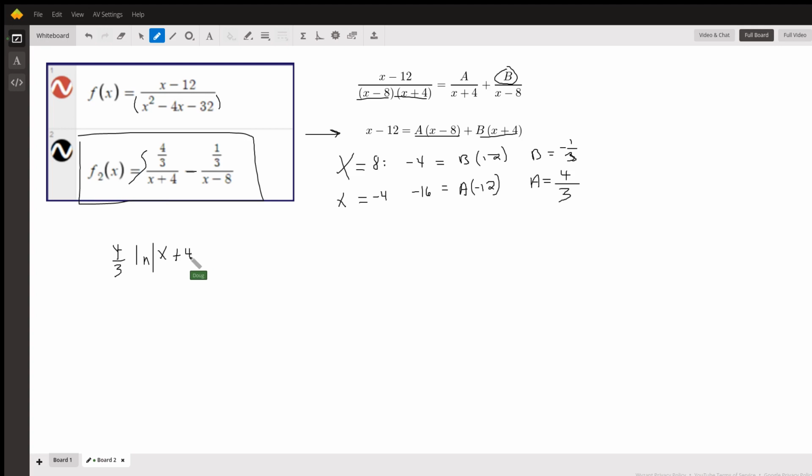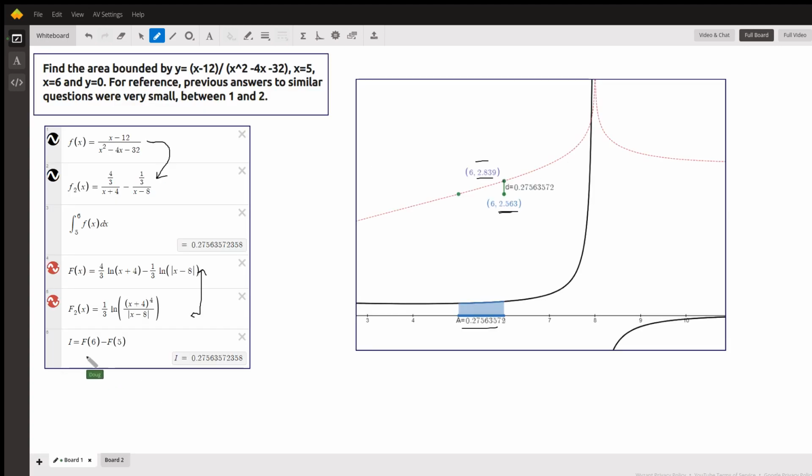Since we're going from 5 to 6, we don't really need the absolute value symbols. Minus 1/3 ln of the absolute value of x minus 8, which we do need because when we put 5 or 6 in for x, we have a negative value. Can't take the ln of a negative number.